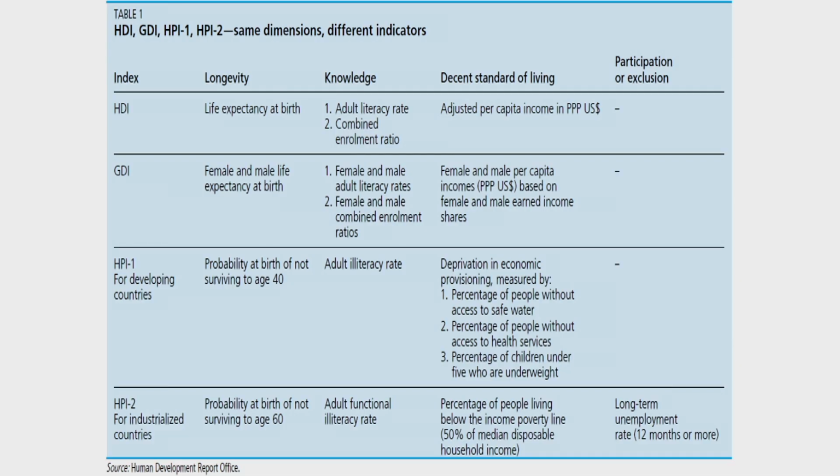Now, just to give you a sense of what are the indicators that are being considered, you would see that there are more or less similar indicators that are being considered for each of these indices. However, there are slight differences across the indices.